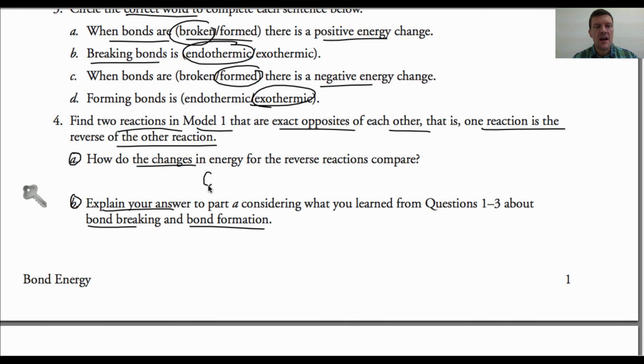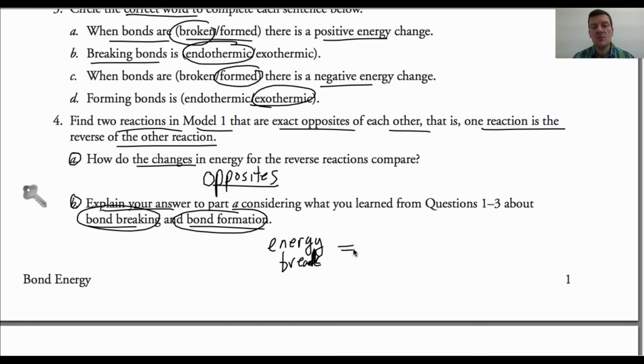Okay, so these are opposites of each other. And that just means that the breaking of the bond and the bond formation, they are kind of opposite processes, that the energy to break a bond is going to be equal in magnitude but opposite to the energy to form that same bond.